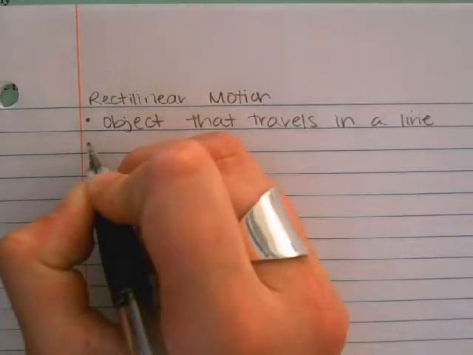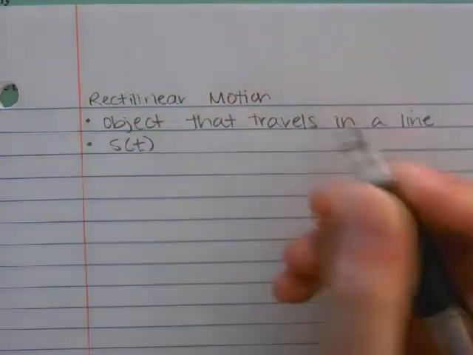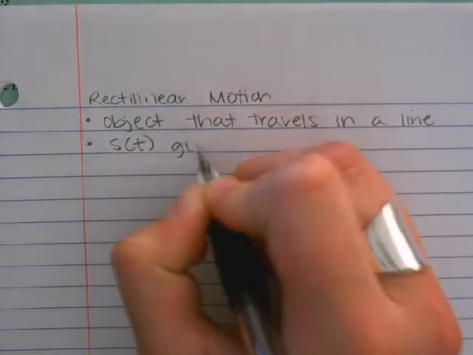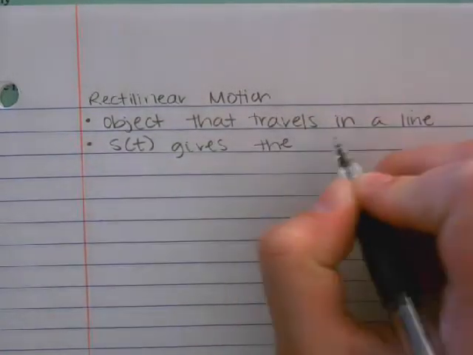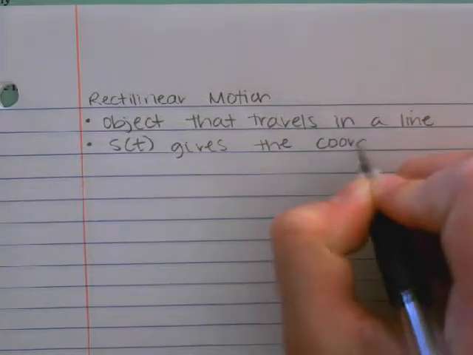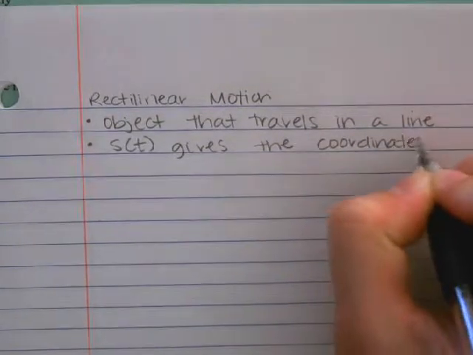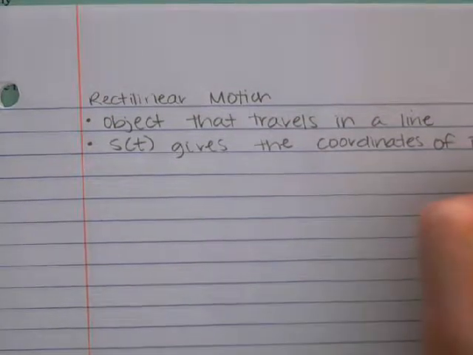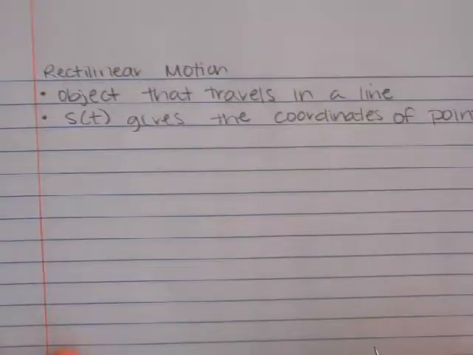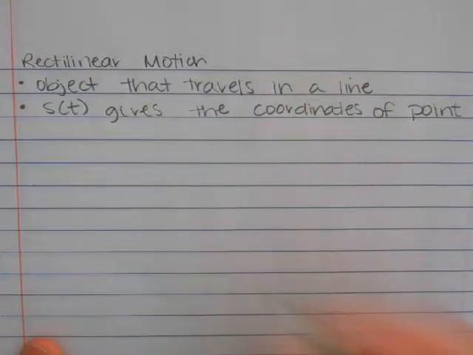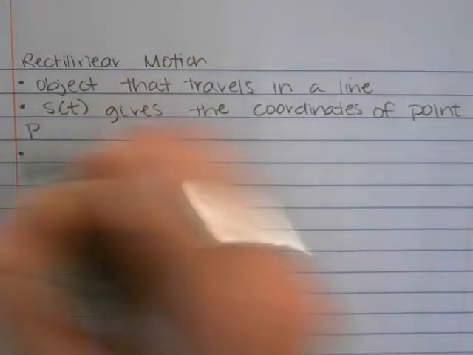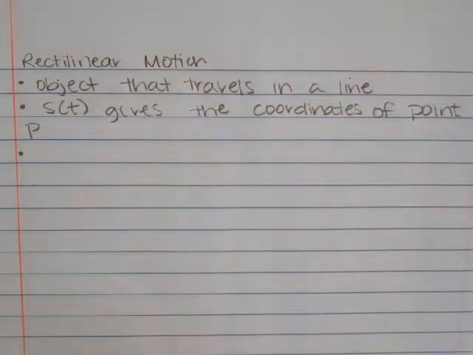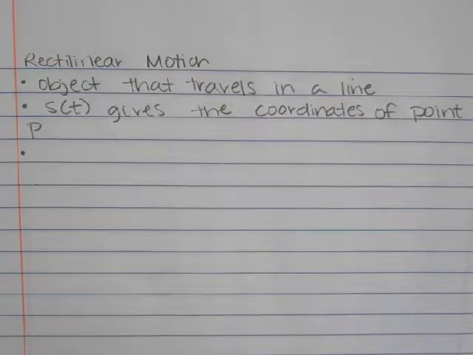S of t is the original function, and it gives the coordinates of point P. And then this is where we use your notes from last night where you guys looked at what happens if you take another derivative of something.